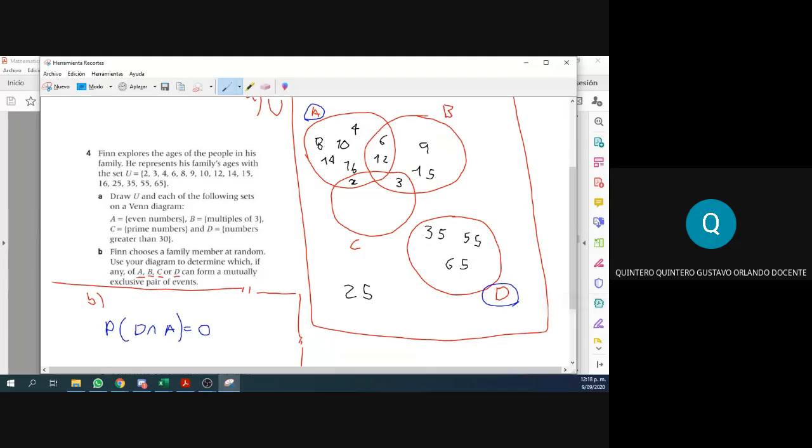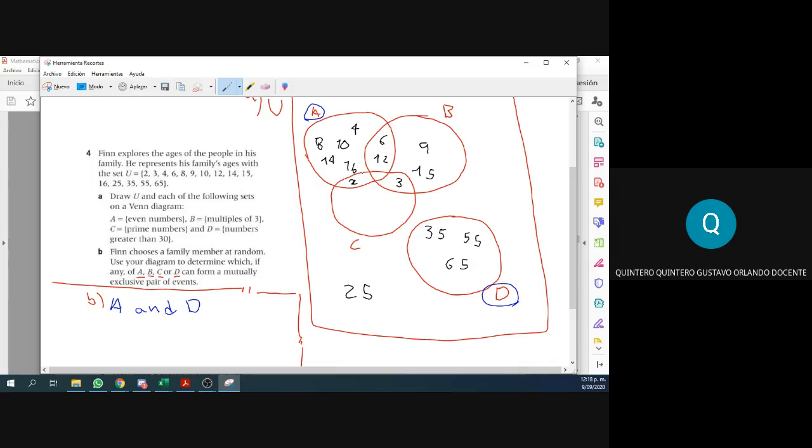So what you just found, Paul, was something really, really useful. You gave us our sets, A and D. A and D are mutually exclusive, because the intersection doesn't exist.